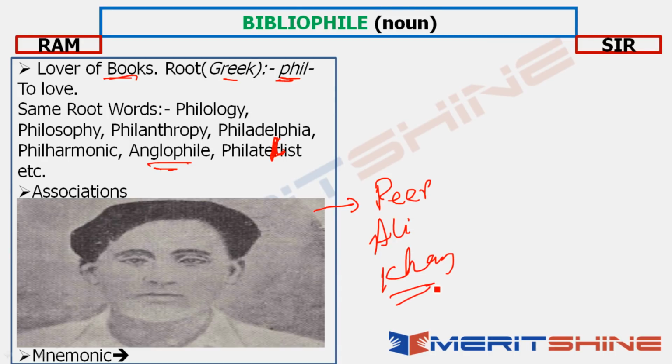His is one movement that remained forgotten in the pages of the 1857 revolt. Even when we study the history of 1857, we study the kings and the queens. We never study what the common man did there. Here was one common man, Pir Ali Khan, running a bookshop, a bibliophile.